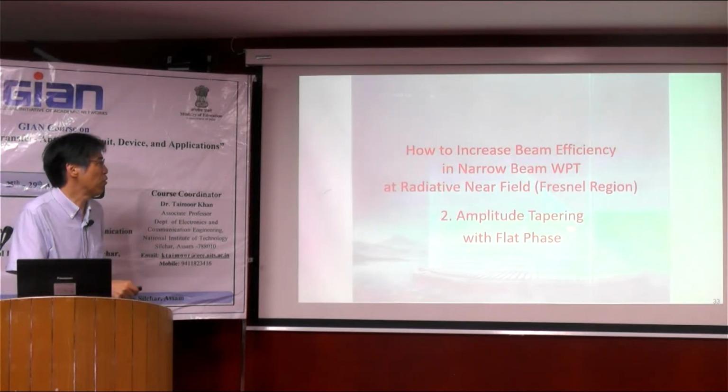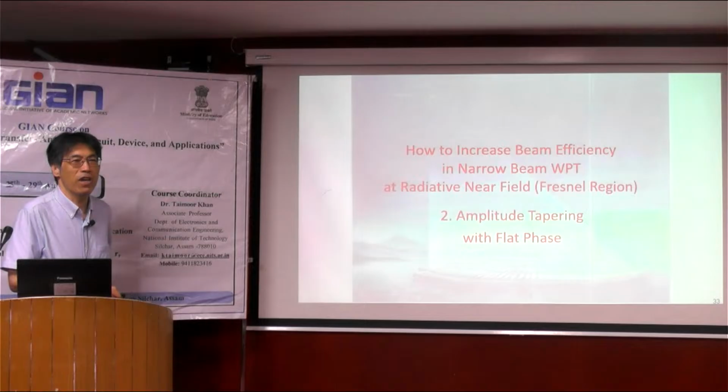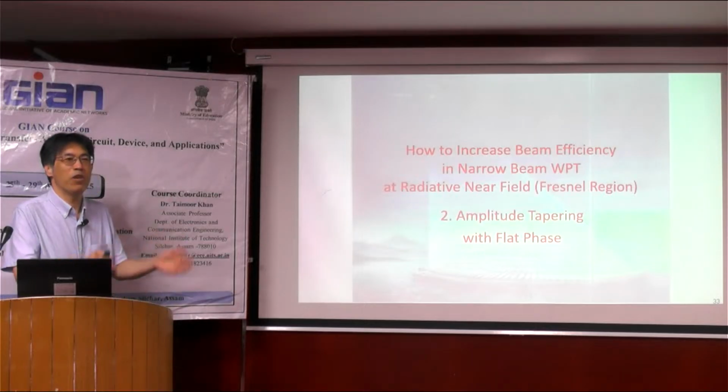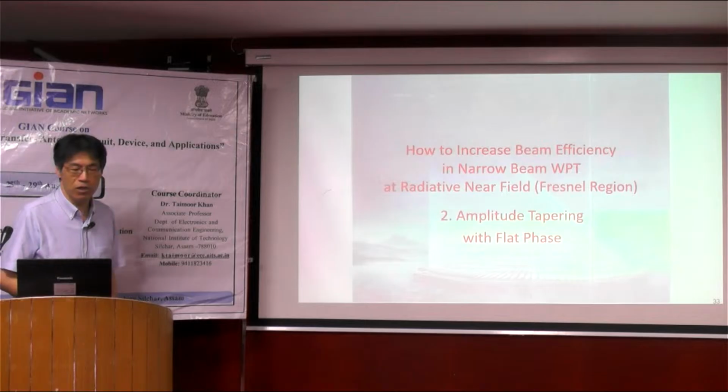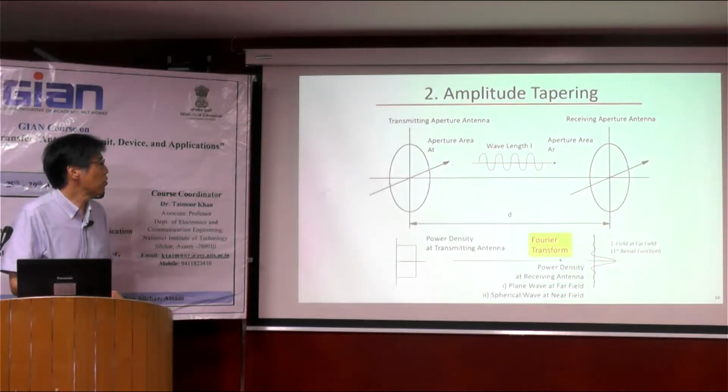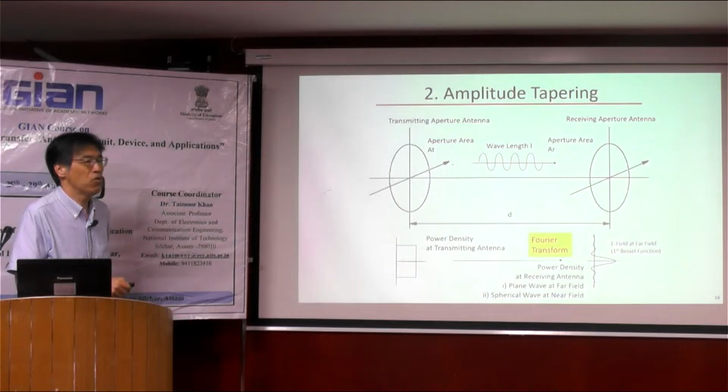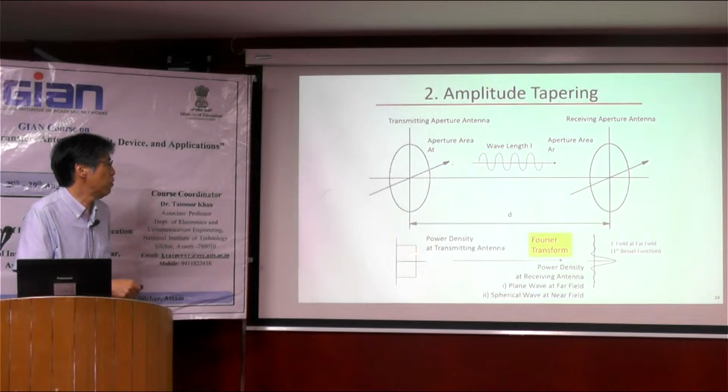And from here, we should fight the maximization. First of all, the easiest way to increase our beam efficiency is the amplitude tapering technology with a flat phase. Basically, it's easy to estimate the beam pattern at the far field by the Fourier transform formula of the transmitting antenna power density.